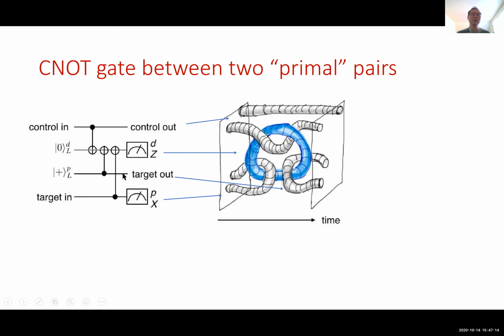The target would be transformed to the third. This is a circuit identity.